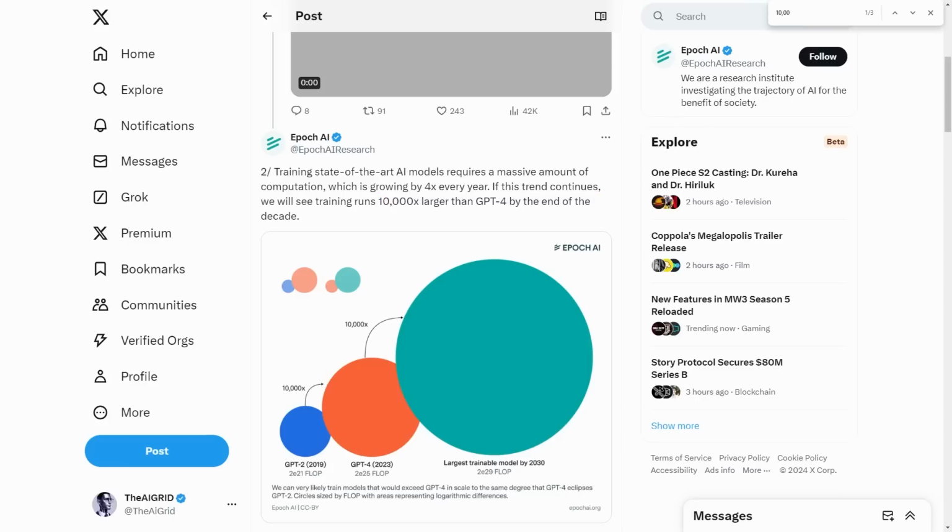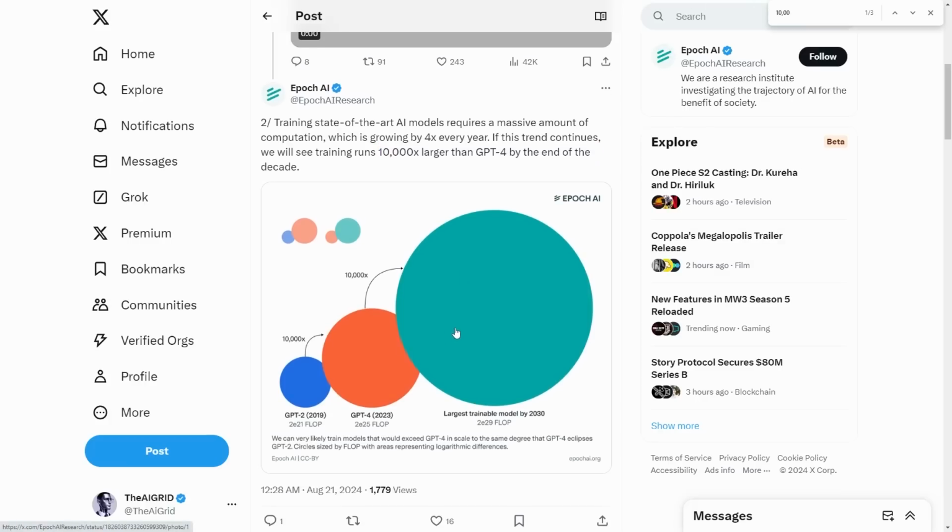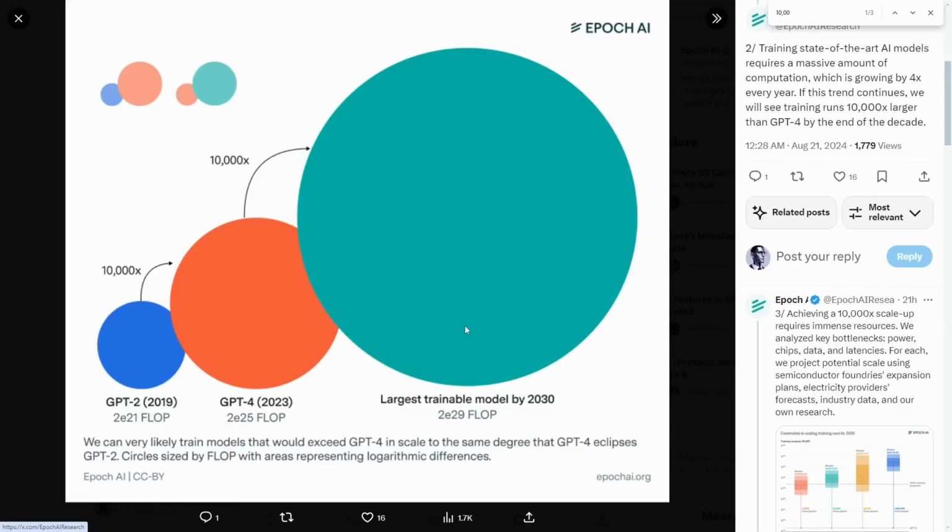The reason this is so crazy is because you remember that graphic people kept showing around, of a model that was 10 times larger than GPT-3.5. It showed GPT-4 as this tiny ball, and then GPT-5 as this giant one. But the largest trainable model by 2030 is absolutely insane, guys.